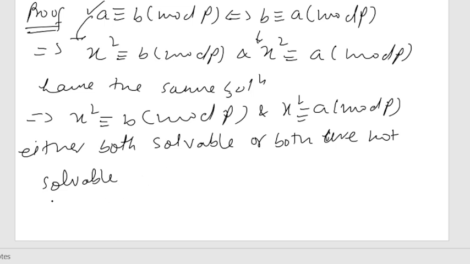So in both the cases we can say the Legendre symbol of A by P is equal to the Legendre symbol of B by P. If any one of them is solvable, it will give you 1, otherwise it will give you minus 1. In both the cases they have the same value. The proof is very easy.